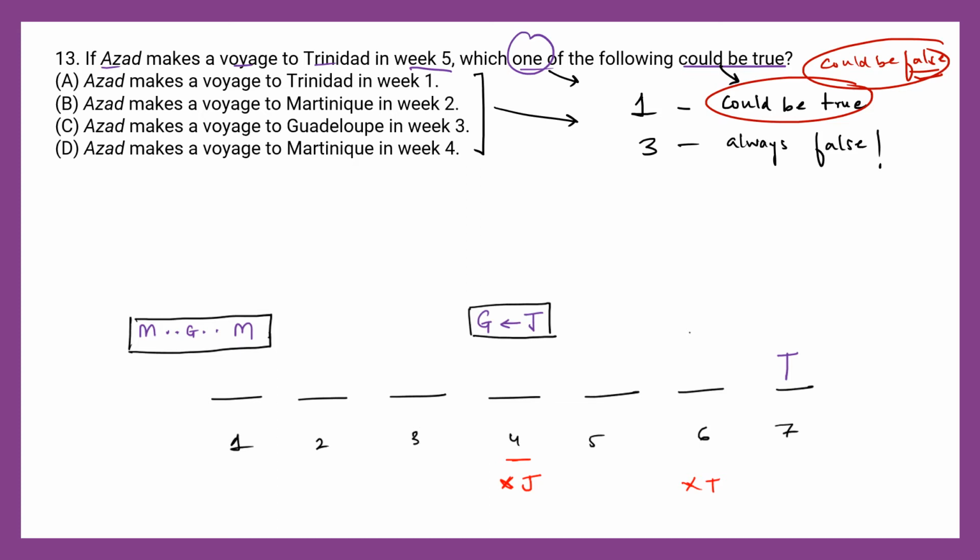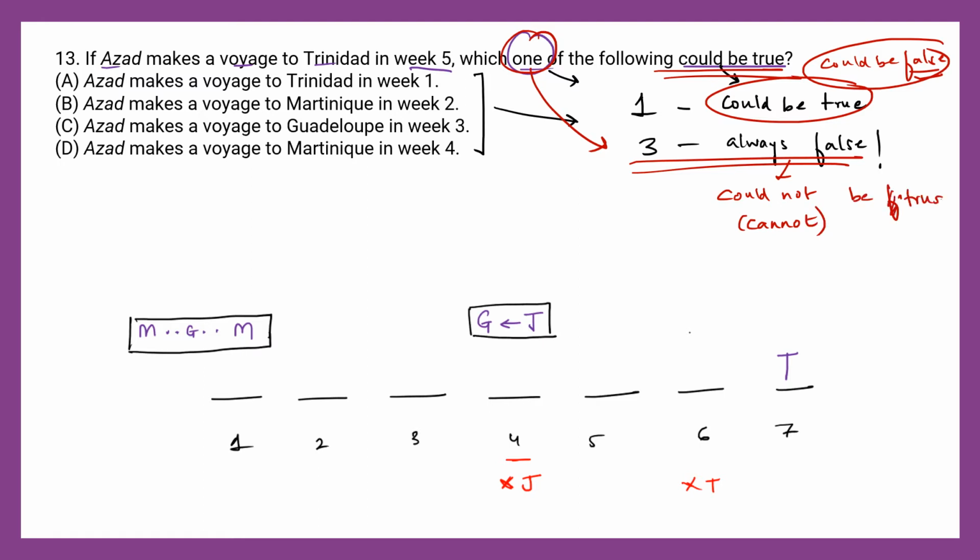But when you're saying that only one of them could be true, it means that the other 3 are always false, so it cannot be true. So it is always false. Now that you understood this, let us look at the options and work on them.